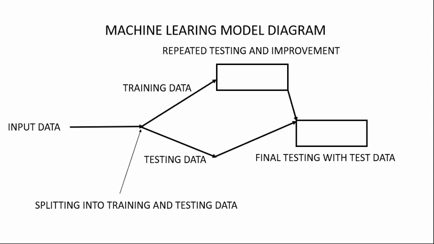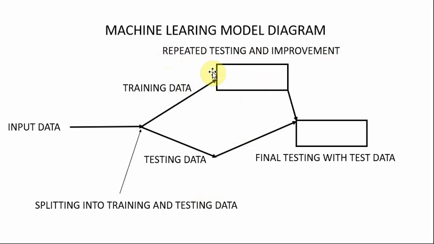But if you look at a machine learning model, it's more complex, but it's more accurate as well. First it involves inputting the data. Then it involves splitting into training and testing data, so we have one branch for training data and one branch for testing data. The training data involves repeated testing and improvement.